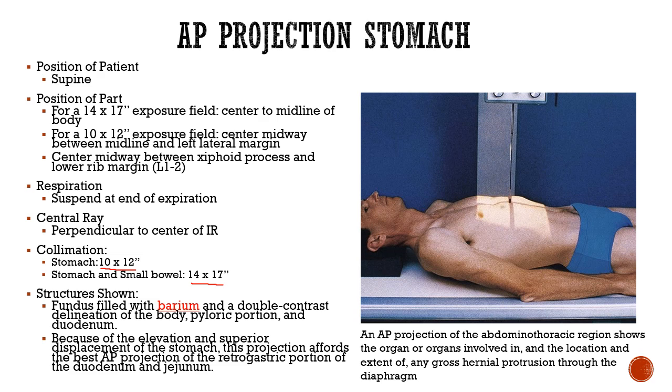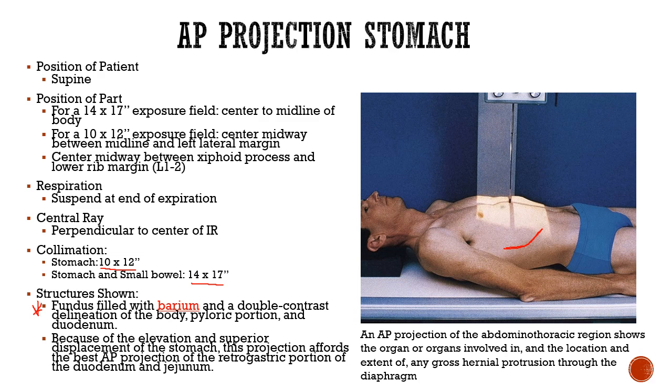Now, something that's important is the fundus is now filled with barium. If the patient is supine, the stomach's in its lowest position in the body. It's kind of positioned like this. So the fundus is low, so now it's going to be filled with barium. And so we're going to see a double contrast delineation of the body, the pyloric portion, and the duodenum.